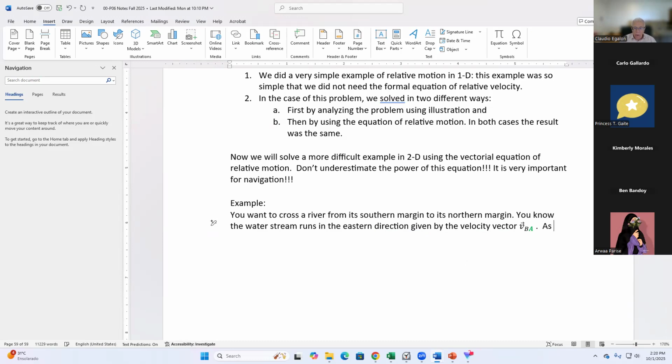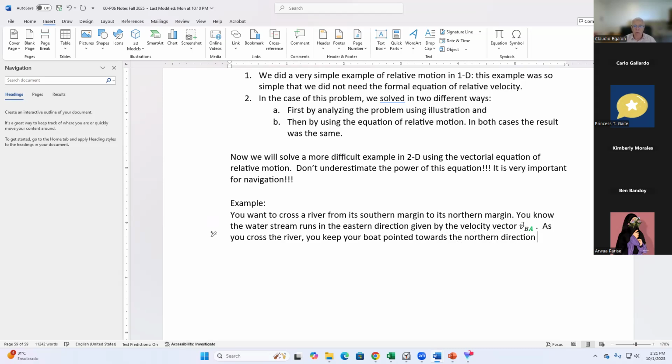As you cross the river, you keep your boat pointed towards the northern direction.